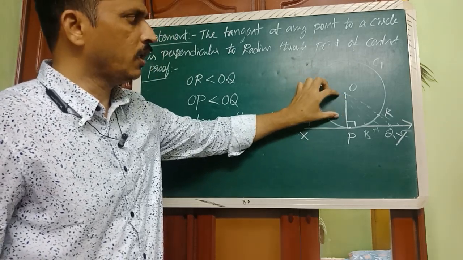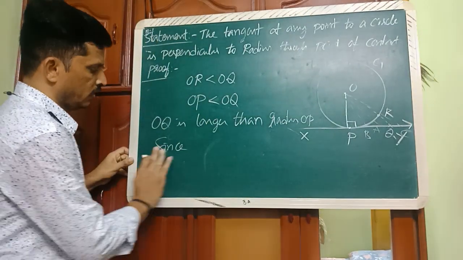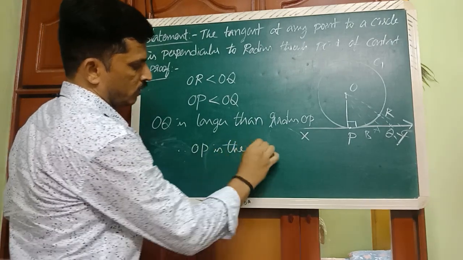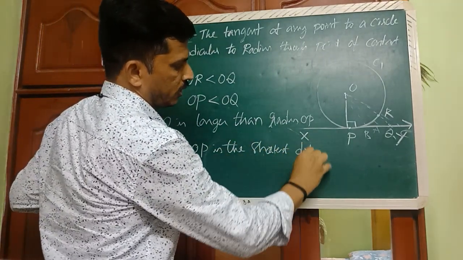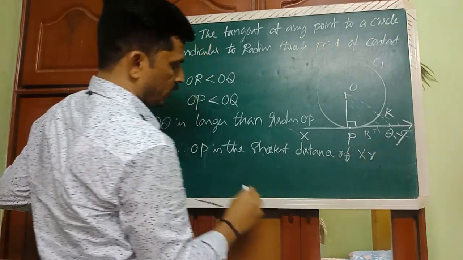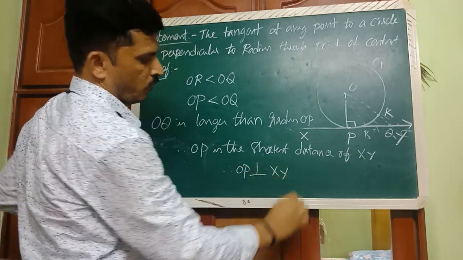So you clearly get that OP is the shortest distance to XY. Therefore, OP is perpendicular to XY.